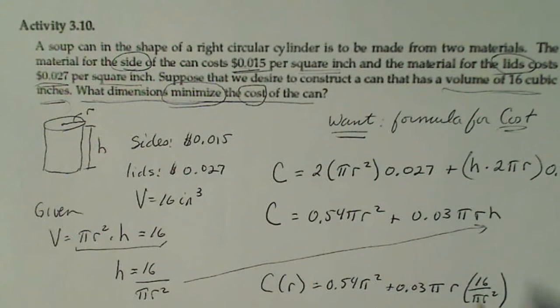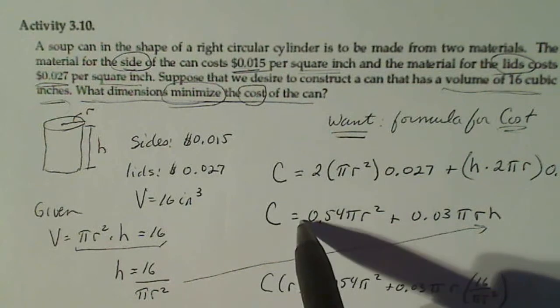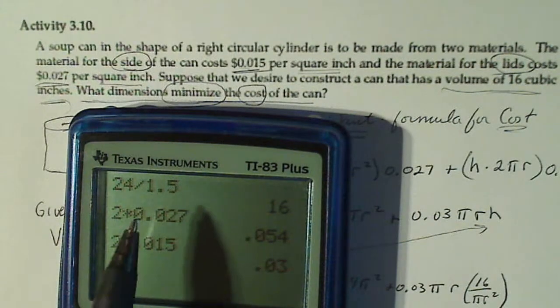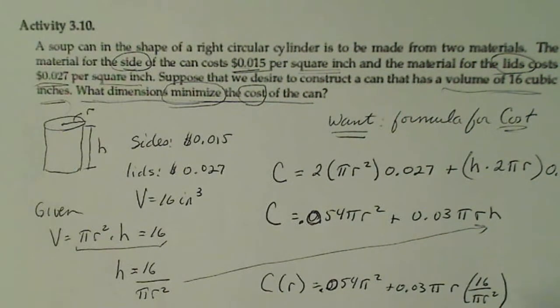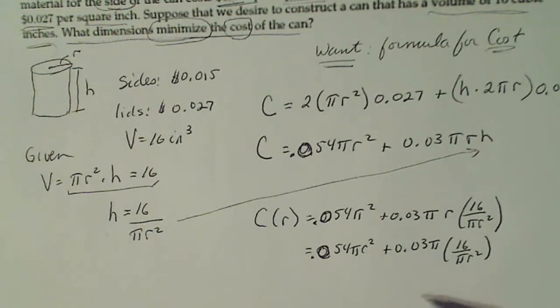I need to actually have a 0 after the decimal place like this. Same thing up here. That can easily cause all kinds of trouble when you look at the product here. 2 times this is 0.054. 2 times this is 0.03. So it's got to be 0.054 and 0.03. Man, that's such an easy mistake to make. You've got to be very careful.